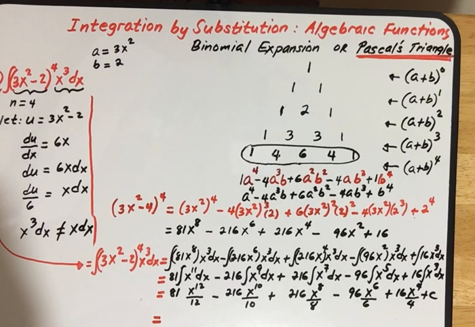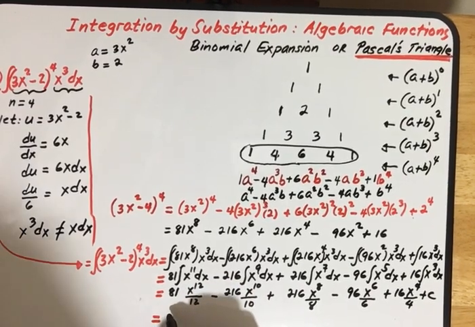Okay, so if you evaluate this, you have 81 and 12, so you cannot divide 81 by 12, so you just find the common factors. So 81 is divisible by 3, 12 divisible by 3, so 81 divided by 3, that is 27.